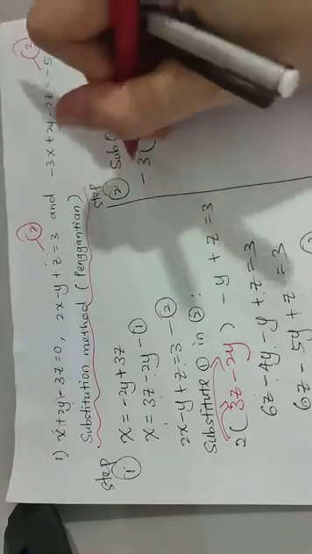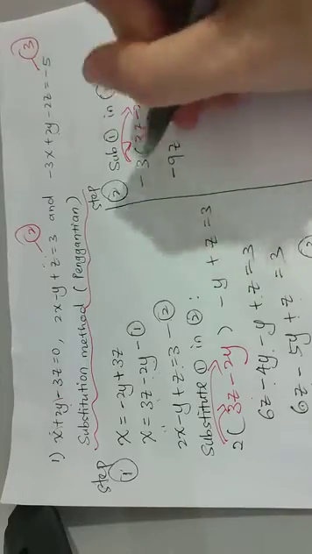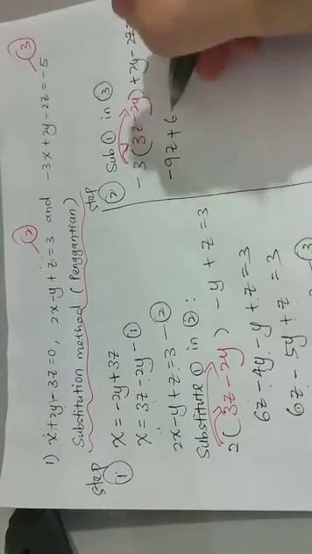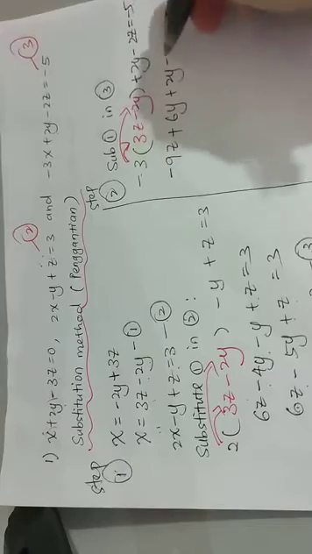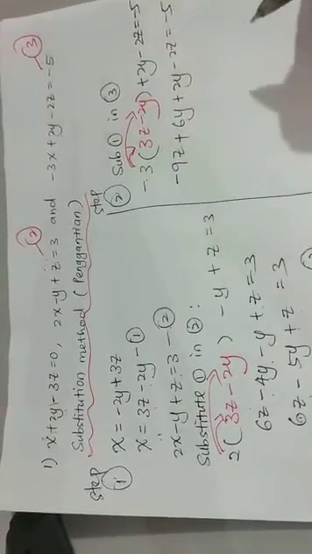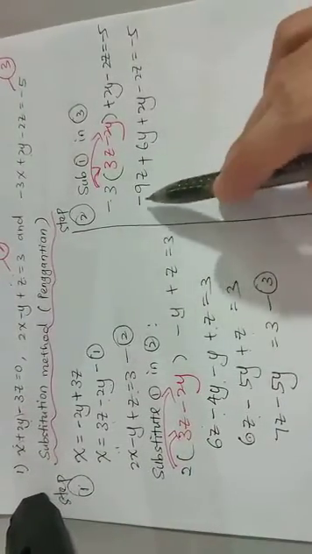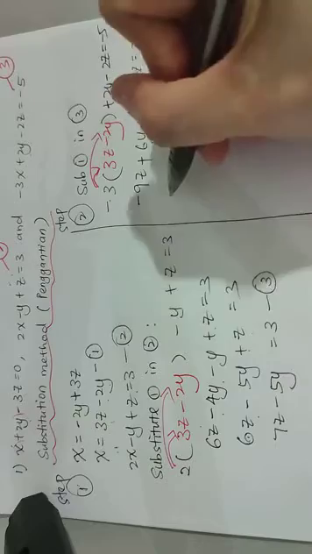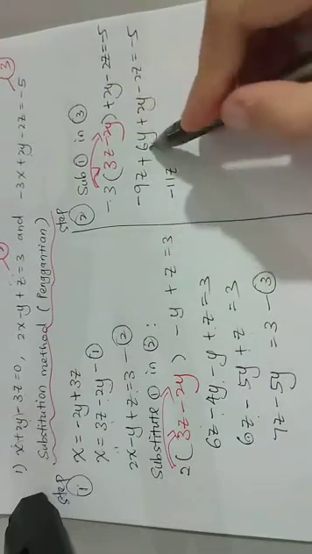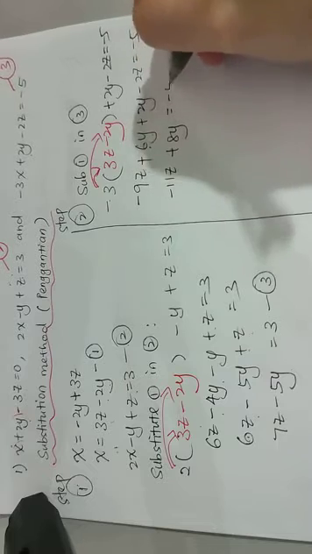Multiply in, expand: negative 9z plus 6y plus 2y minus 2z equals negative 5. Negative 9z minus 2z is negative 11z. 6y plus 2y is positive 8y, equals negative 5.